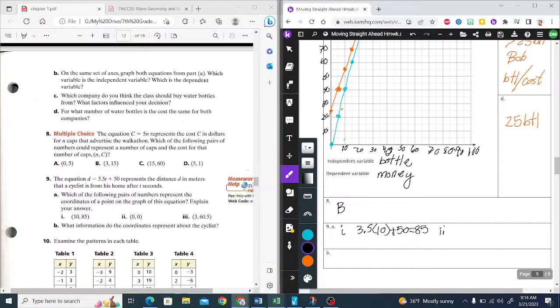Number 2 isn't going to work because if we put 0 into this, we'll get out 50. Let's see if number 3 works. It's going to be 3.5 times 3 plus 50.